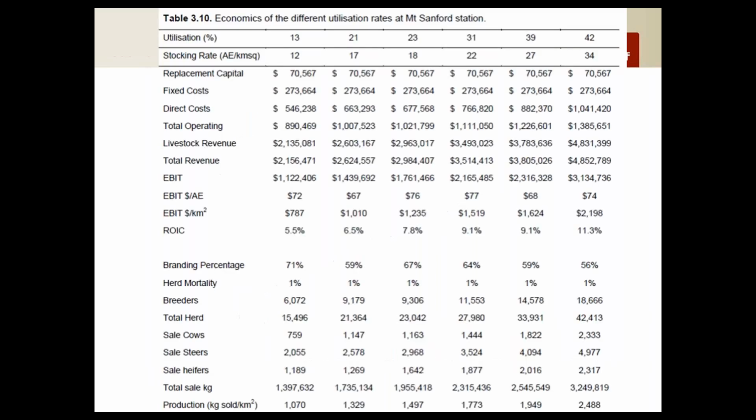This trend followed through to the economic analysis, which indicated that a producer or pastoralist such as yourselves would get a faster return on invested capital than any of the other pasture utilisation strategies. I'll just get people to have a look at that for a second, because there's a lot of information there to digest.